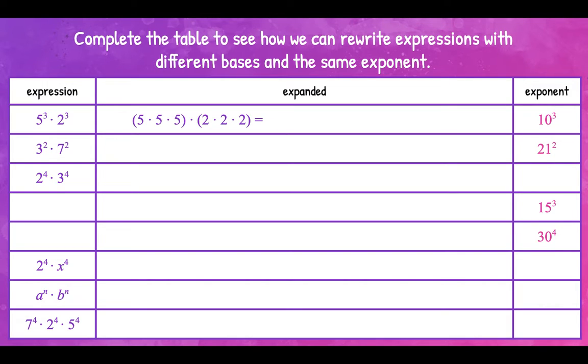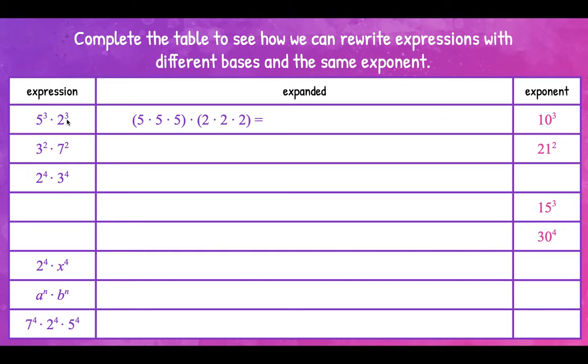In this case, our bases would be 5 and 2, and our exponents would be 3 and 3. So what we're practicing today is different bases, but the exact same exponent.